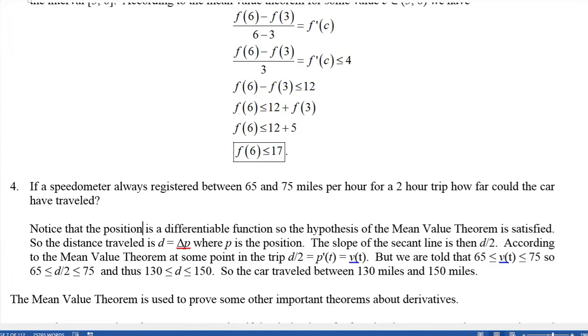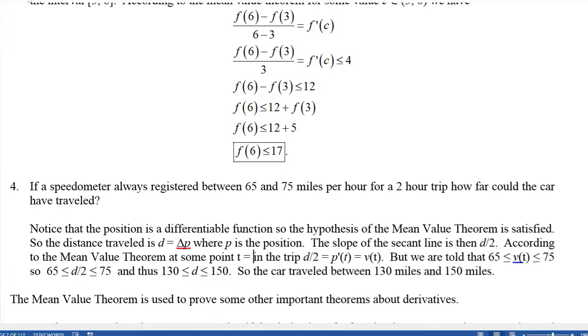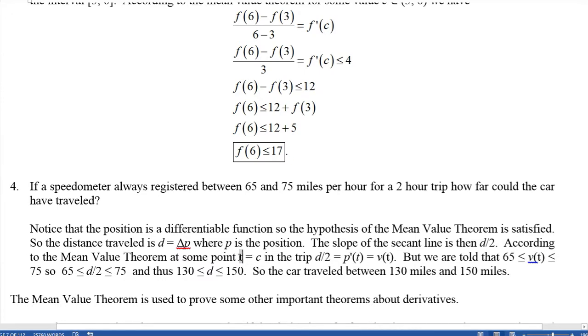But according to the mean value theorem, at some point on the trip, that slope of the secant line, d over 2, has to be the same as p prime at t for some point in the trip. Let's say t equals c, and we'll say this is at that value c.